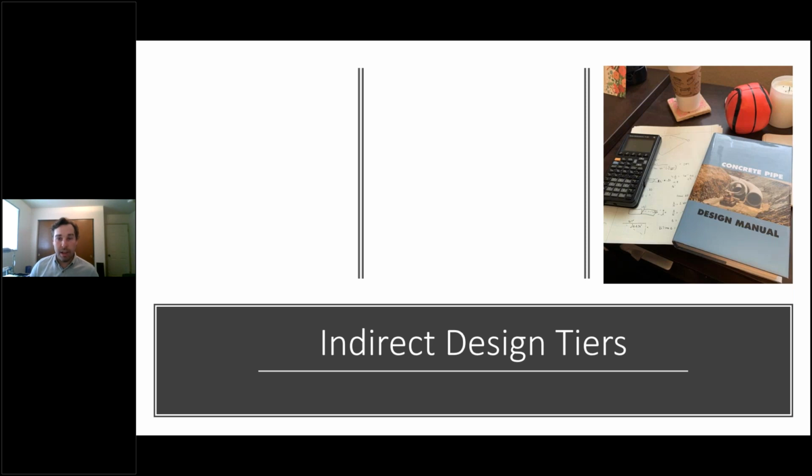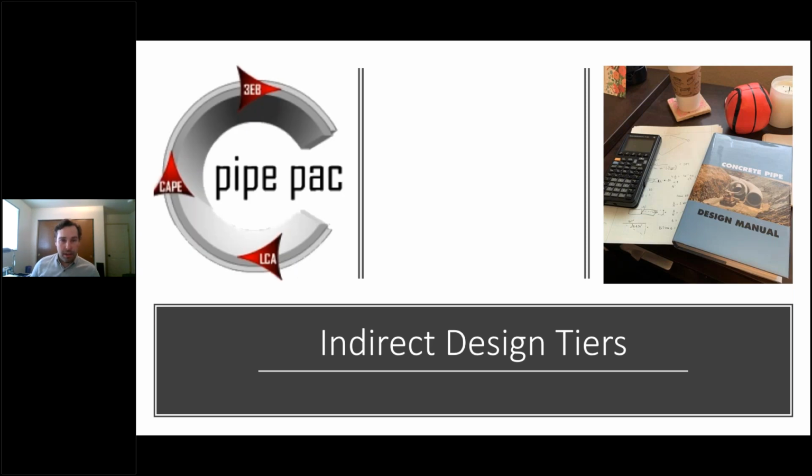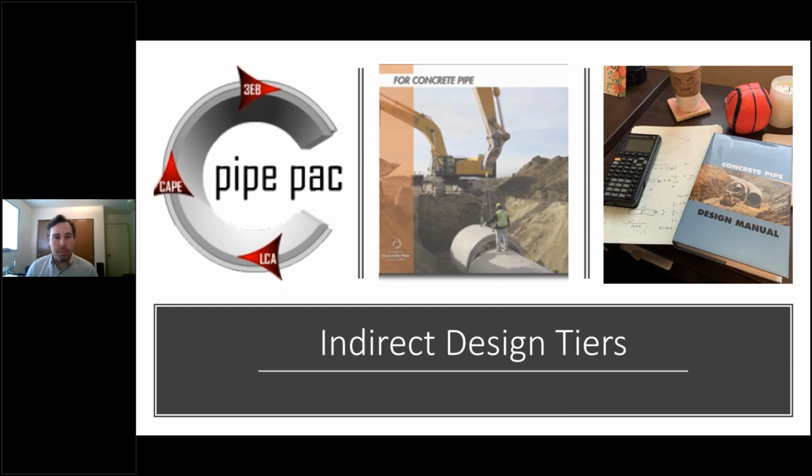These are all based off AASHTO LRFD equations that we use within our indirect design method. The next level is PipePac application. So we can put in project-specific variables for several different fill heights and identify which class of pipe we need for that project. Now, the quickest and easiest for most people would be this fill height table option.